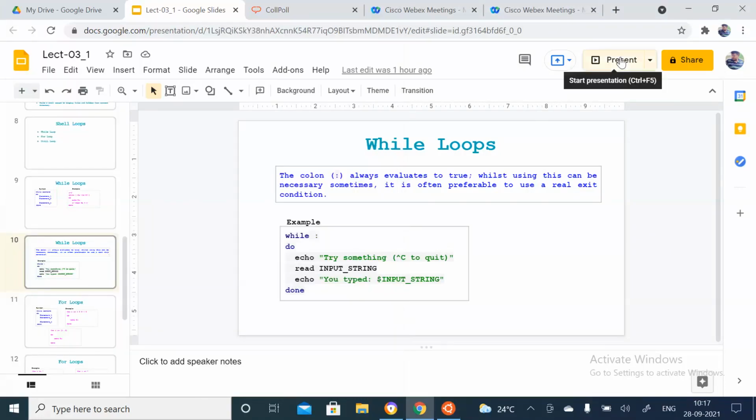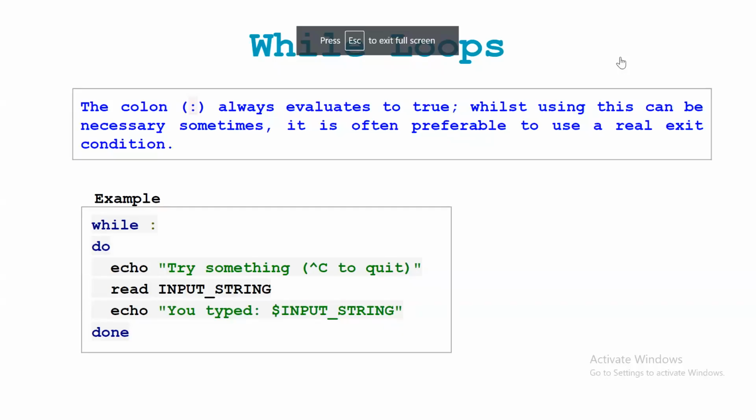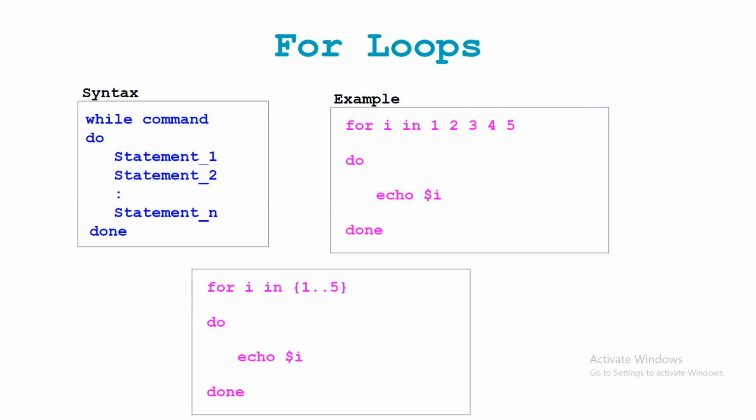Now just move towards the for. That for working is again the same, only the syntax is somewhat different. Here you can write for I in, and whatever the number of times you need to execute that for, that you can write here, or whatever values would be assigned to this.